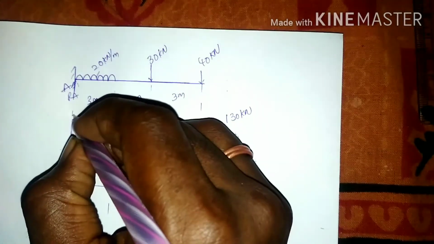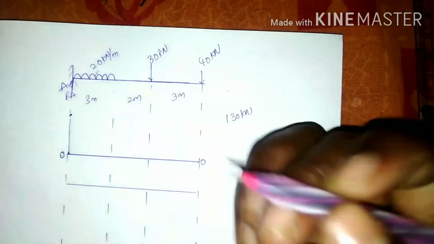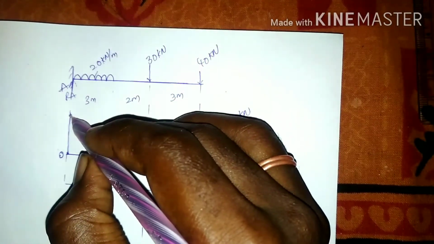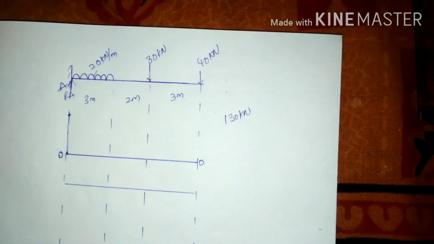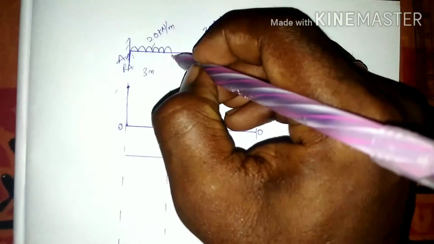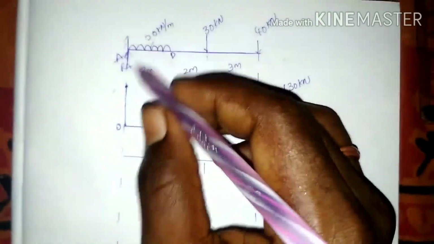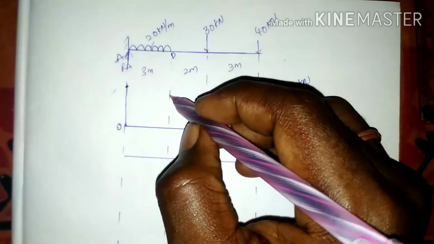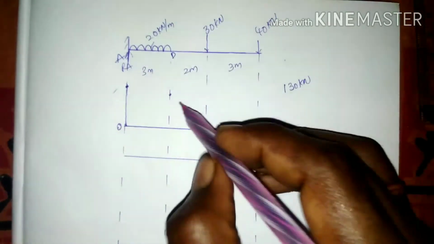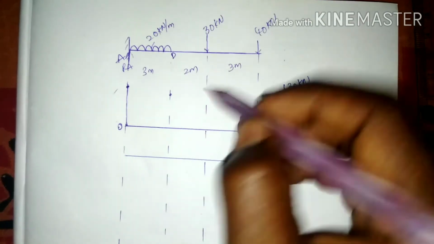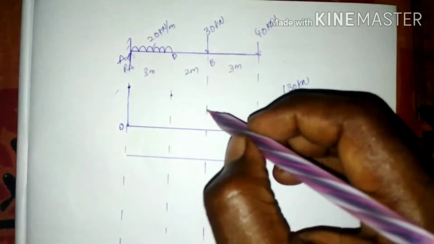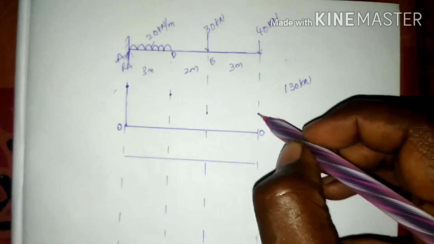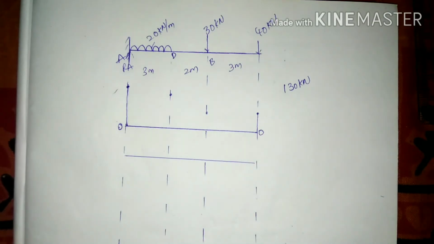Let us plot the points, and afterwards we are going to join these points. Up to here it is 130, and next, after the UDL, we subtract 60 from 130, that is 70, and next going on to B we are going to find 40, and everything remains at 40, and afterwards it is 0.